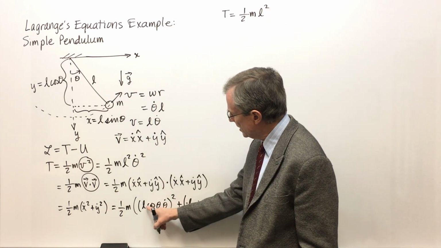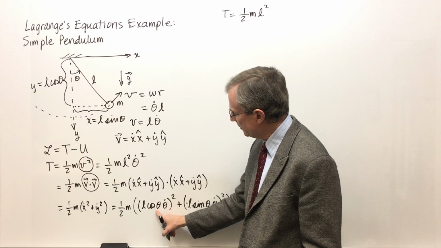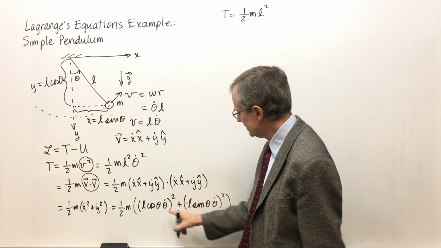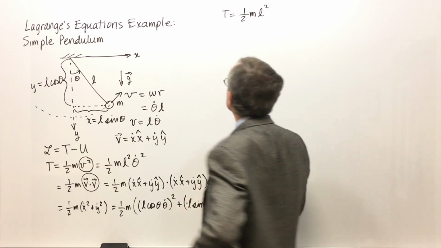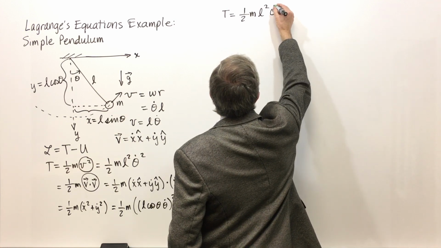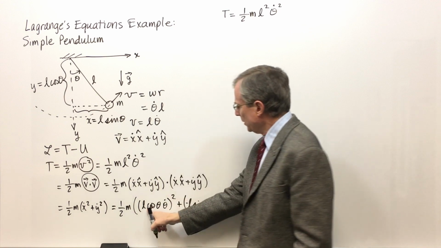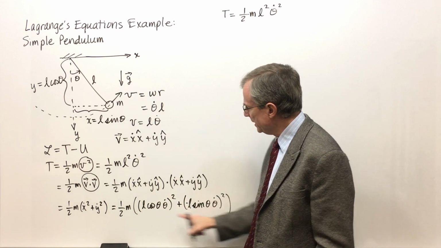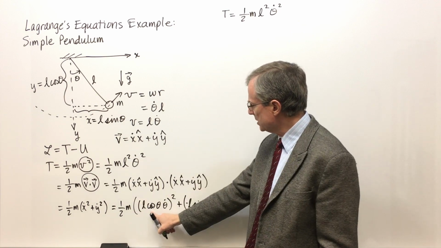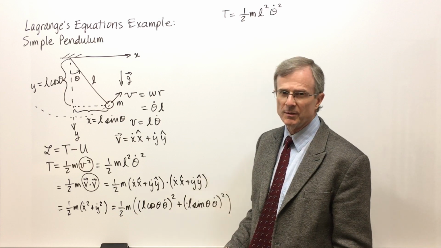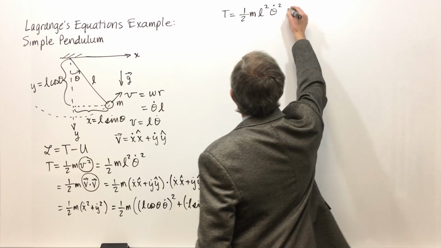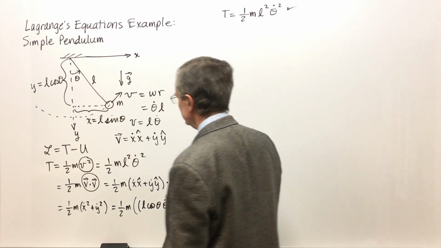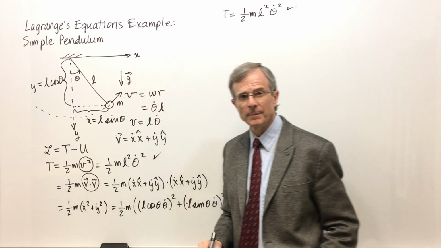Notice this theta dot is not inside the cosine theta. So it's cosine theta, parentheses, times theta dot. Theta dot squared appears in both terms. And then what we're left over with inside these big parentheses is cosine squared theta plus sine squared theta. And I think you'll agree that that's 1.